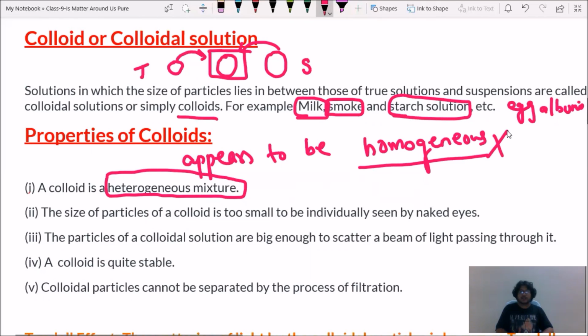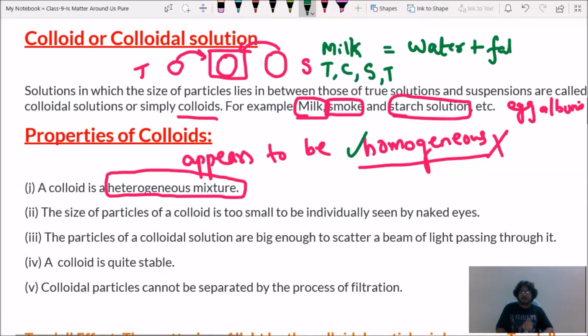The best example is milk. Actually we all think milk is homogeneous, because if you pour milk in a tumbler, you can find the same taste, same color, same smell, same texture, etc. So you can say it is homogeneous. But you see, milk is a product obtained by a combination of water plus fats plus proteins.